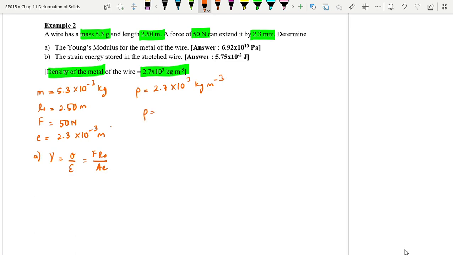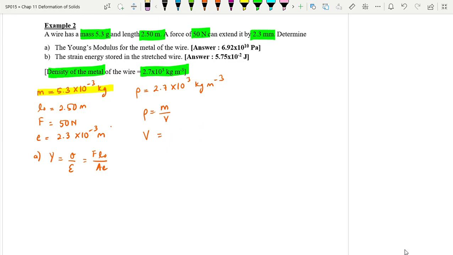Formula density, kita kena tahulah. Density formula dia adalah mass over volume. Maksudnya kita boleh dapat volume sebab soalan diberi mass. Kan? So, kita kira dulu volume. Sekejap. Kenapa nak kira mass pula? Kita nak ambil volume kan? Okay, so kita nak volume.